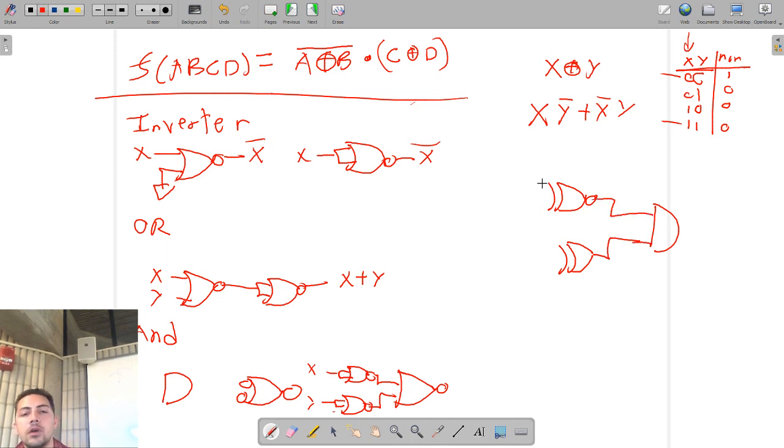Now, one of the other things that we know about our rules of exclusive OR is this is the same as A exclusive OR B bar. That was one of our rules of Boolean algebra. So to make this a little bit simpler, let's take this and make it an exclusive OR with an inverter.